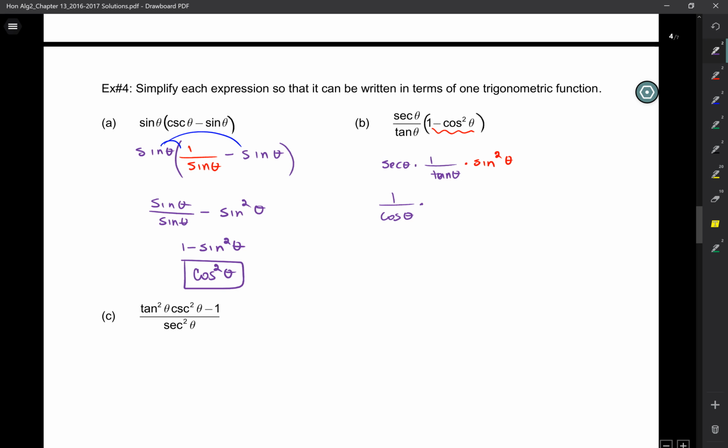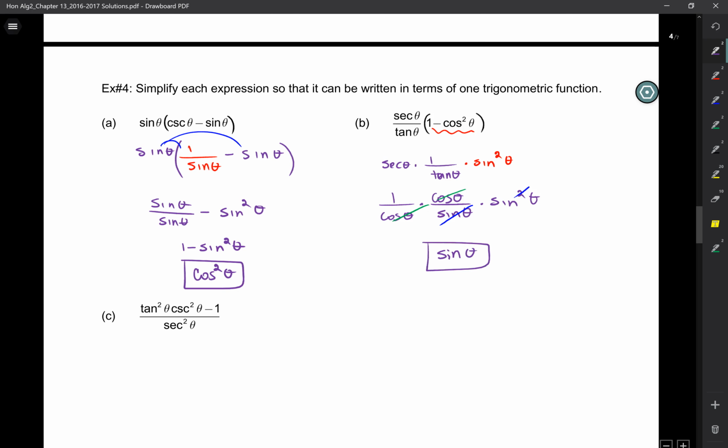Okay, so what's tangent? Sine over cosine. What's 1 over tangent? Cosine over sine. Times sine squared theta. Now, cosine, cosine go away. Sine goes away with one sine, and I'm left with sine theta.